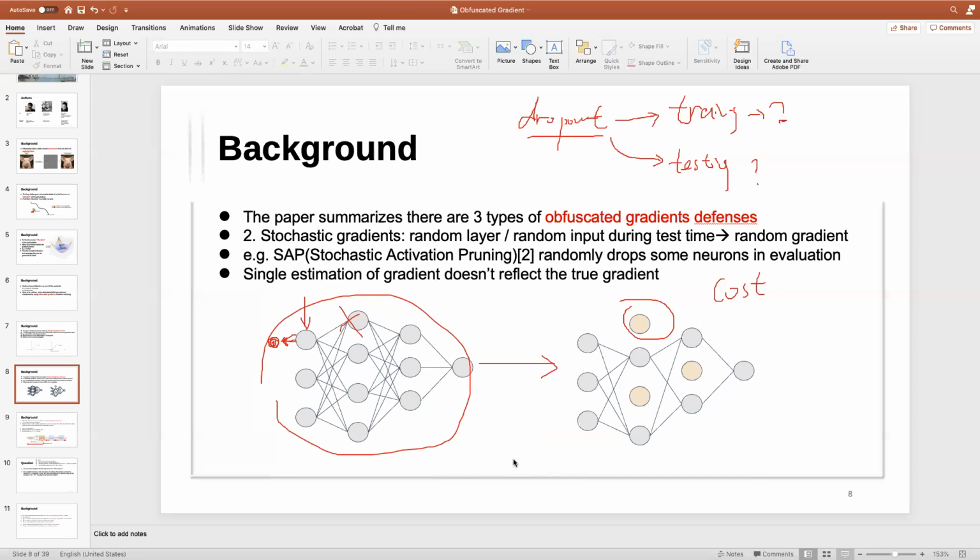Ruofan, do you know why we do not drop out during testing? Because we want to retain the testing accuracy. Like if we drop out neurons, it's like we drop out the features.